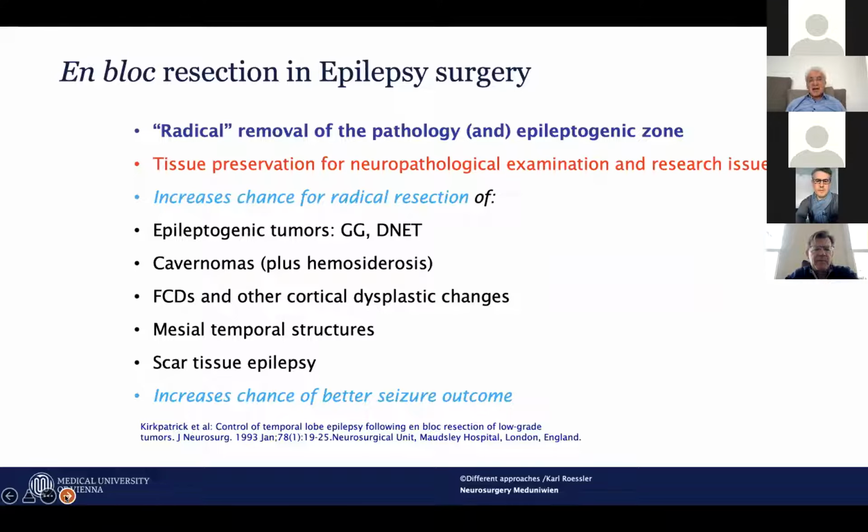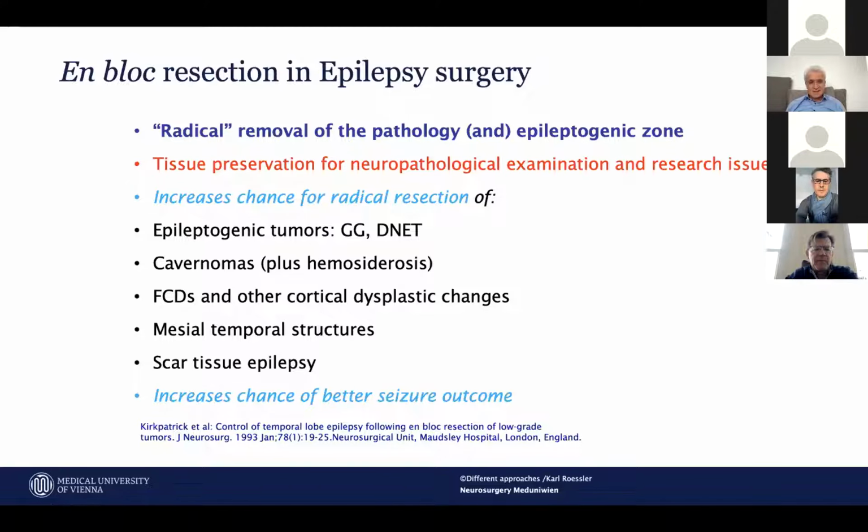But how would you resect without taking the CUSA? Best thing is to use this en bloc resection technique, which means that you subpially work around the pathology and remove the specimen as a block, so that the neuropathologist can investigate the whole area of interest.